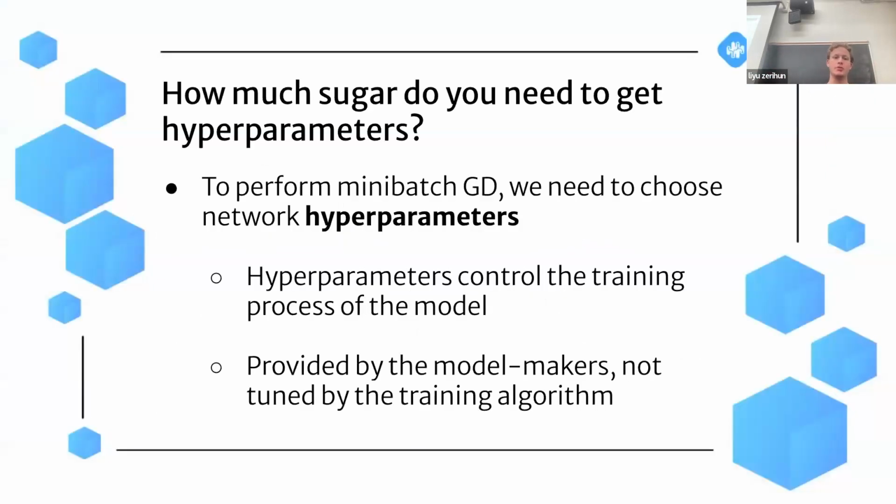A hyperparameter basically controls the training process of the model. So the learning rate as well as the batch size are examples of hyperparameters. These are not tuned, as I said, they're not changed during the training process. They're something that we set at the beginning, and then we use that throughout the training.